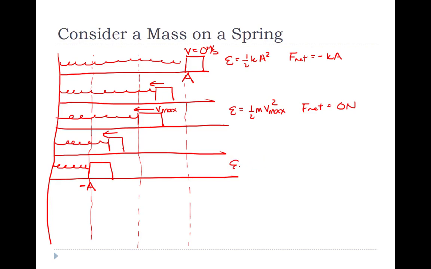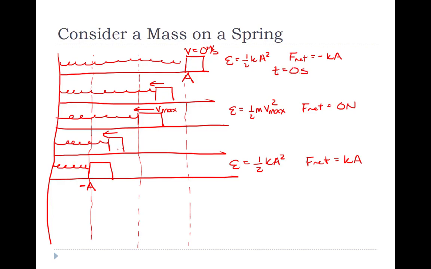At this point, we again return to 1/2 kA squared for our energy, and our net force in this case will point in the other direction. So if the first one was negative kA, this one has to be positive kA. This position I'm going to call my t equals 0 position.